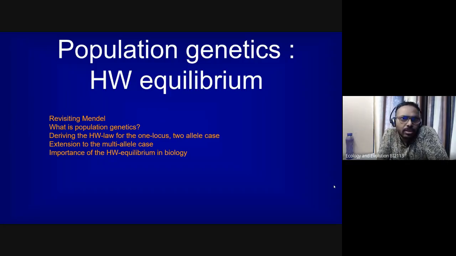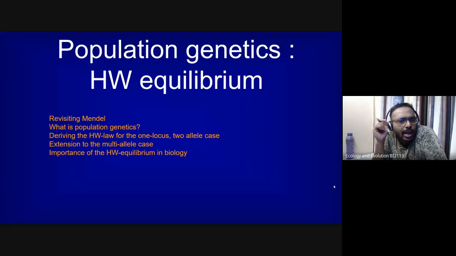That way, the variation would still be maintained. However, if you remember Mendel's work, Mendel was studying families, right? He took a tall plant and a short plant, and then he crossed them, and so on and so forth for about seven other traits. So whatever ratios he was getting, 3:1, 1:2:1, all those ratios are in that context.